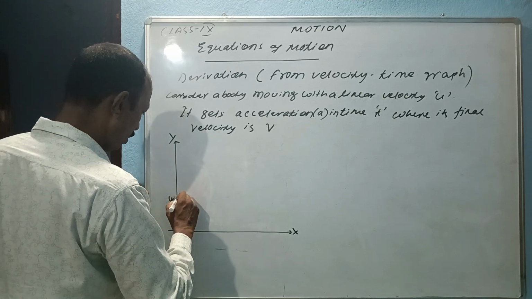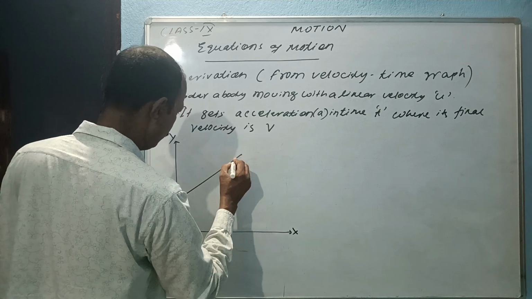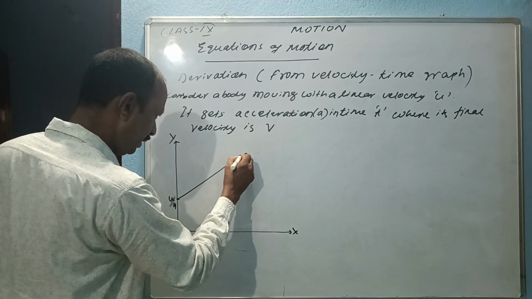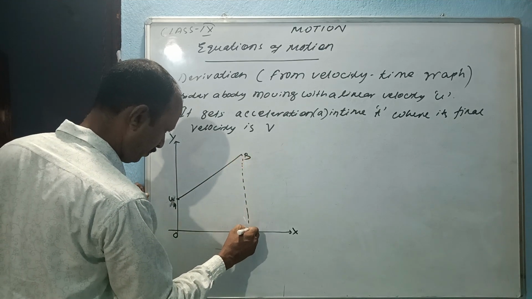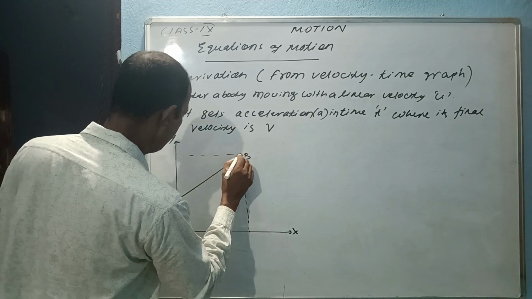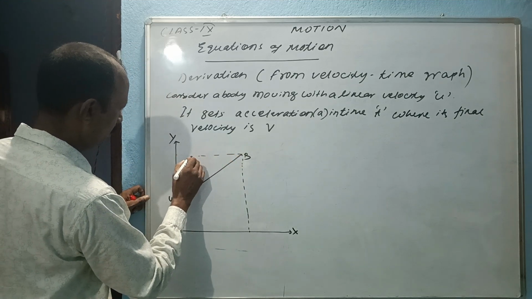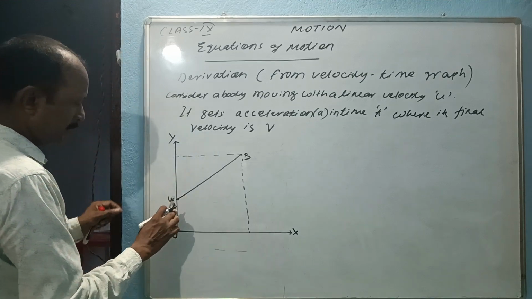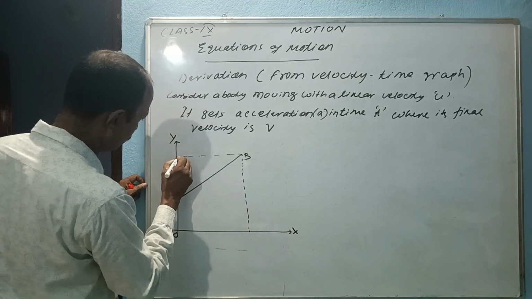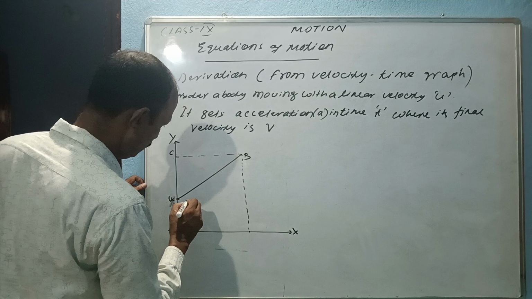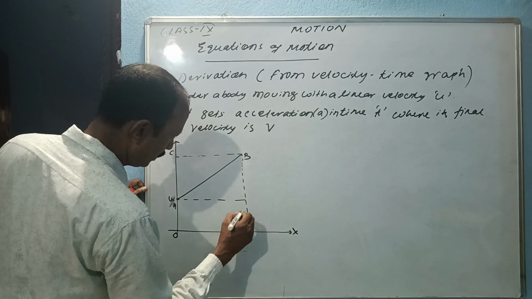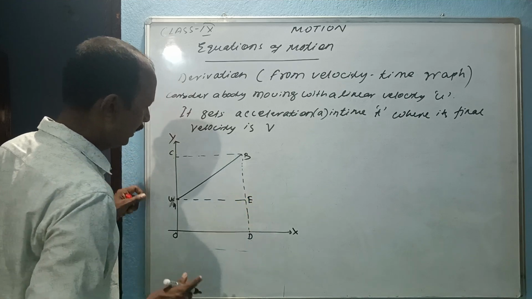The body has moved from A to B. From B I am drawing one perpendicular to the x-axis, and here also perpendicular to the y-axis. So this is A, this is B. This point is C, here you join it. This point is suppose D. This point is E.